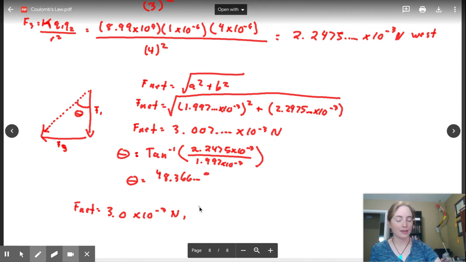And then your direction, once again, 2 sig digs, so that's going to round to 48 degrees. And then our direction, we need our reference with our direction. So you start at this guy here, and it's going to be west of south.